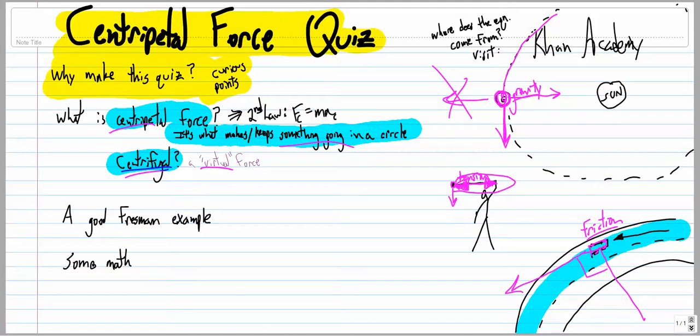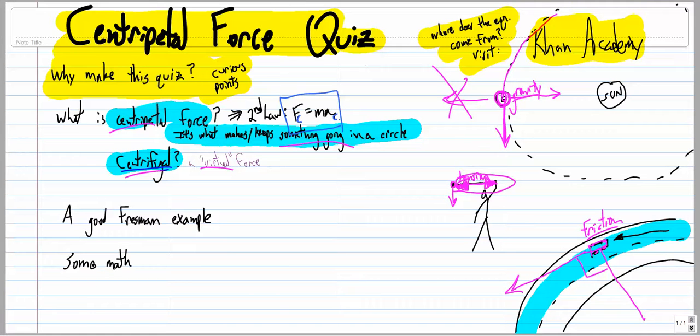I don't think I've done this yet, and I should. If you want to know where the equation for centripetal force comes from, you should visit Khan Academy and type in centripetal force. He's got two awesome videos that explain where it comes from and how the equation is derived. So what is the equation? It's an expression of Newton's second law, F equals ma, except we write little c's to remind us we're talking about something going in a circle.